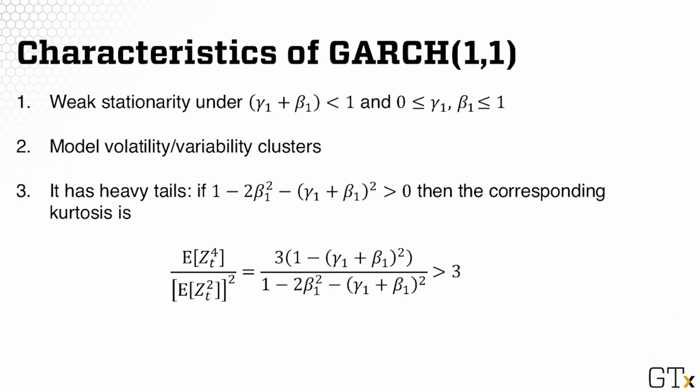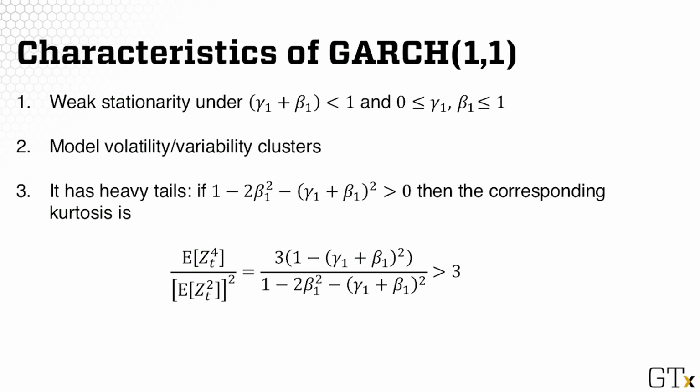These are some important characteristics of a GARCH 1-1 model, one of the most popular models for modeling heteroscedasticity. The first condition was derived in the previous slide, and it guarantees stationarity. The second characteristic is that GARCH models capture volatility that comes in clusters, that is, periods of high volatility followed by periods of low volatility.